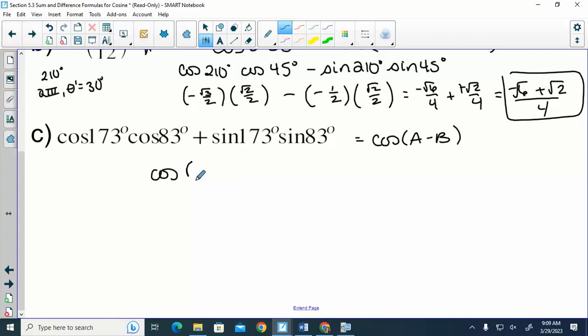So my A is 173 degrees, minus B is 83 degrees. 173 minus 83 is 90, and cosine of 90 is 0. So you can use the formula either way. Is that okay?